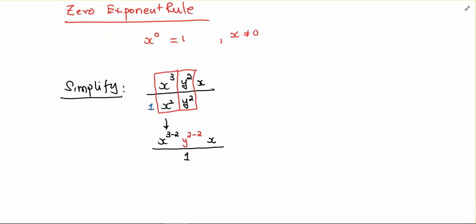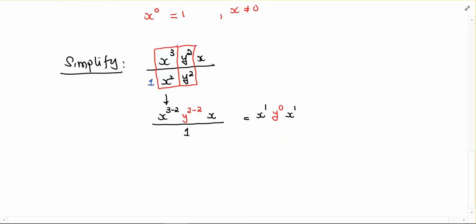All right. So what does this mean, right? So let's write this down. This is x to the 1. This is y to the 0, and this is x also to the 1. Now, what is y to the 0? We know anything to the 0th power is 1.